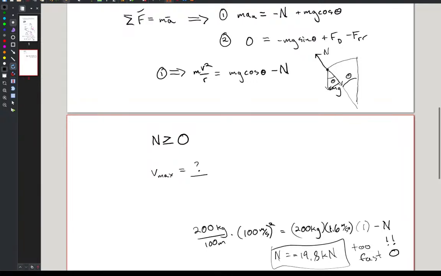We know how big the hill is. We know how heavy the car is. So let's say we're moving way too fast, then what would the normal force be? Negative is what happens if we're moving too fast. If we're moving 0, then it's equal to mg cosine theta, equal to mg in this case.